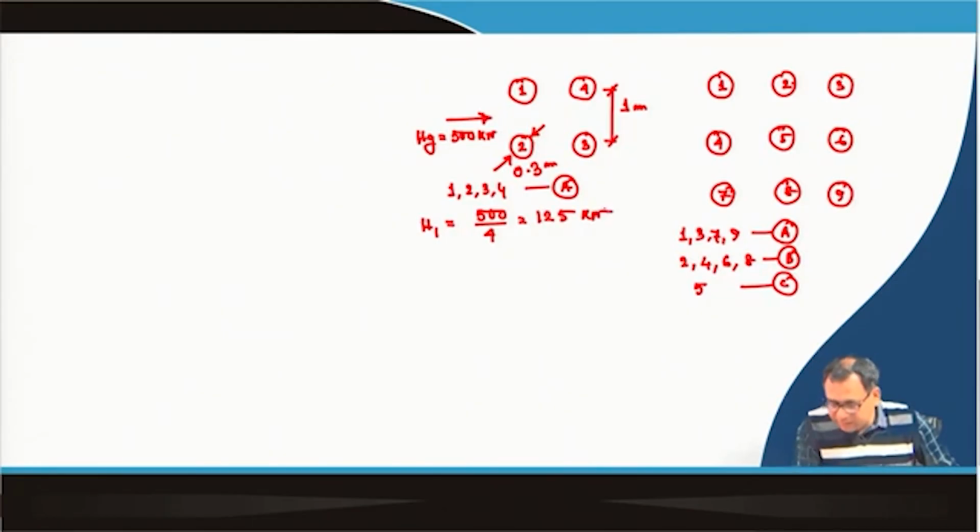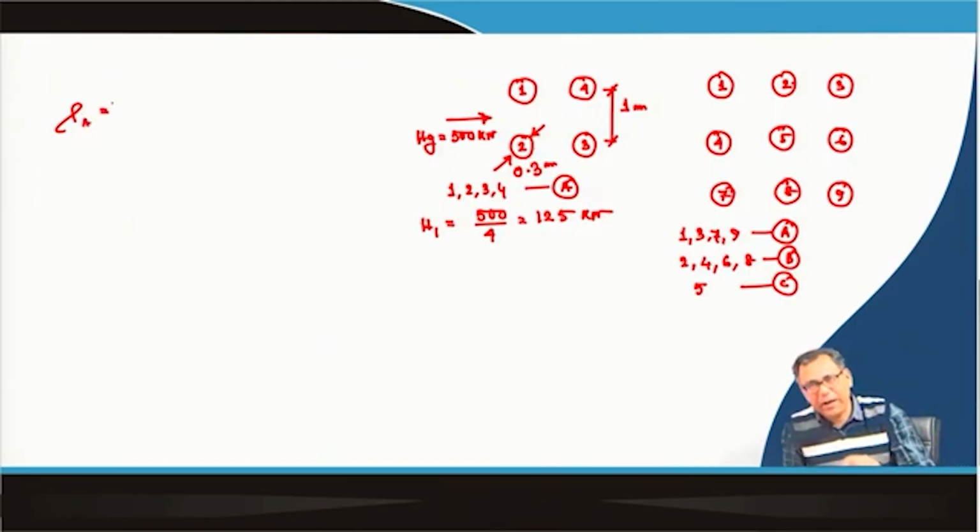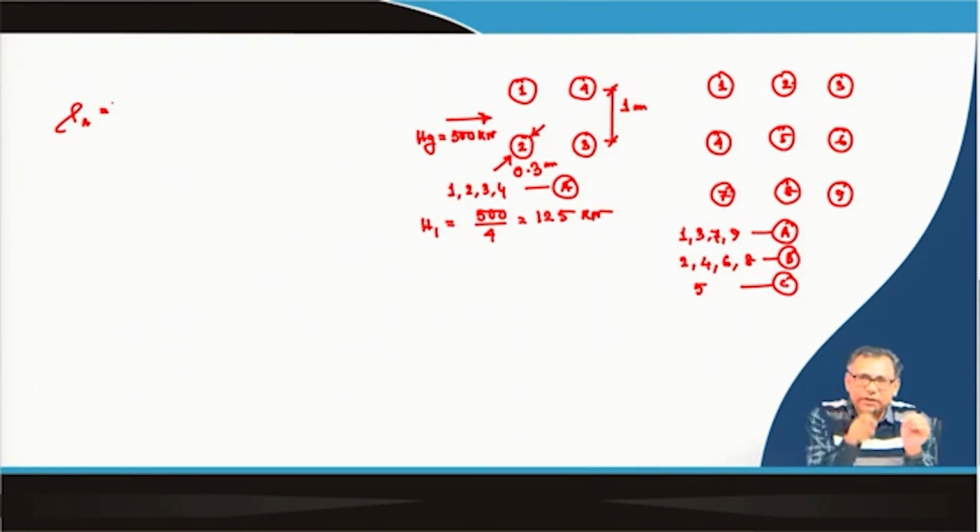So, each single pile is taking a load of 125 kilonewton, and then here the equation is that we are taking the deformation of a pile group. Suppose we know the deformation of a single pile, and if I take that deformation for a single pile, that is fine, but there will be the effect of other piles on a particular pile in the deformation.